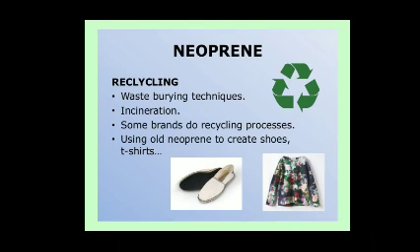Chloroprene's chemical name is 2-chloro-1,3-butadiene, with formula CH2=CCl-CH=CH2. Chloroprene undergoes addition polymerization to form neoprene, CH2-CCl=CH-CH2 taken n times, called neoprene.